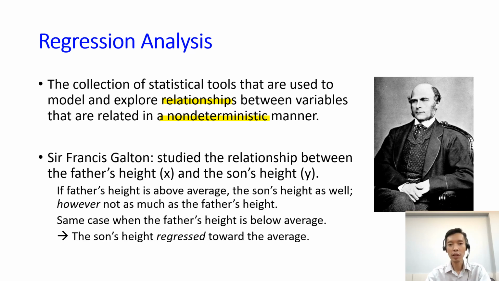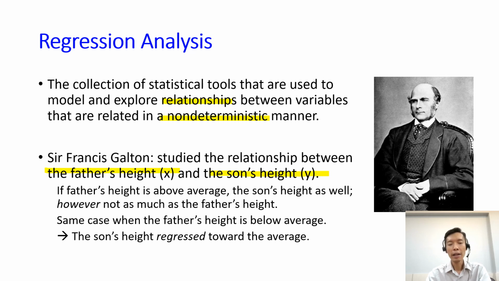Historically, Sir Francis Galton studied the relationship between the father's height, which we can think of as the x variable, and the son's height. We can think of this as the y variable. He found out that if the father's height is above average, then the son's height is also above average, but not as much as the father's height.